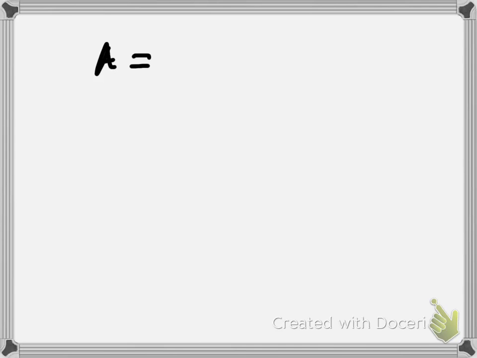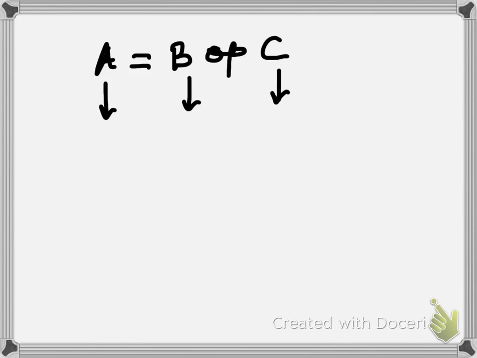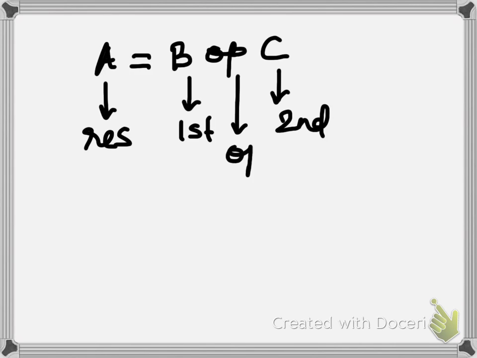A is assigned B op C. So here B is the first operand, C is the second operand, and A is the result. And of course, this is the first, this is the second, this is the result, and this is the operator.